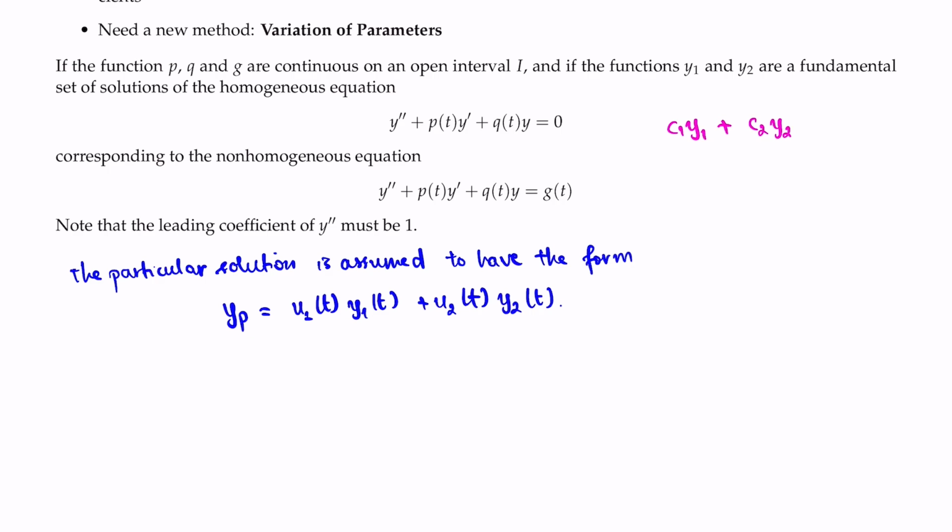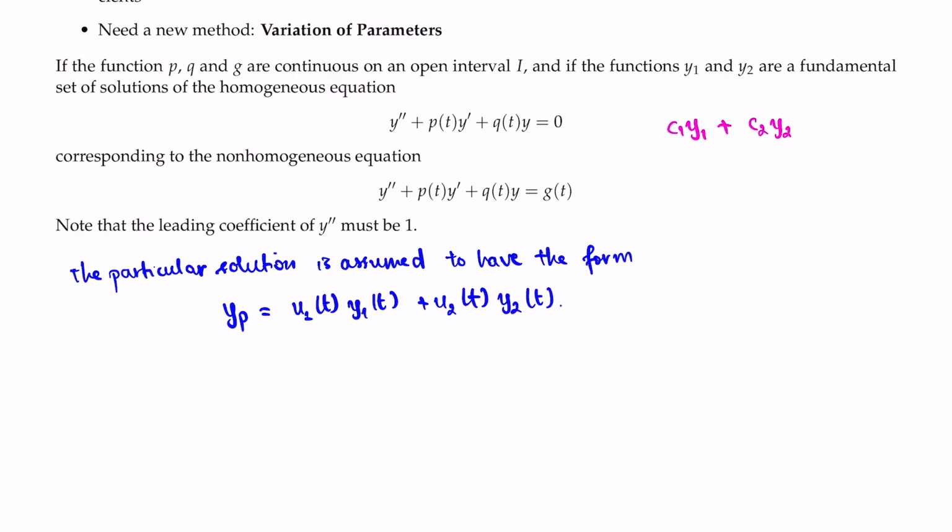However, because we want to avoid the linear dependency on the homogeneous solutions, instead of c1 and c2, which are constants, we're going to vary the values of c1 and c2. So instead of constants, we choose a variable to attach to y1 and to y2. Therefore, the name variation of parameters.